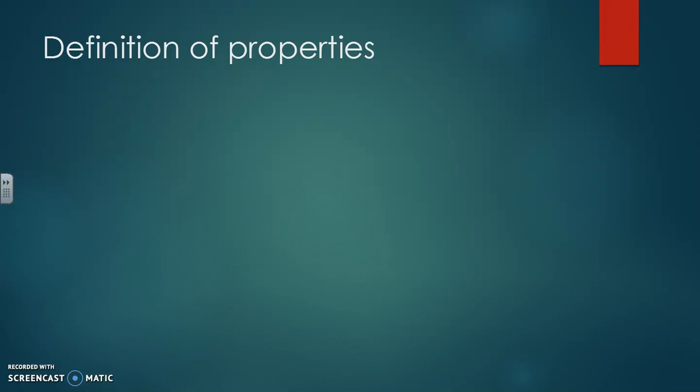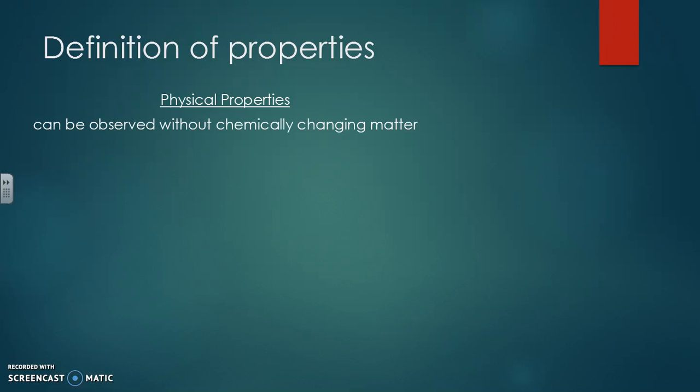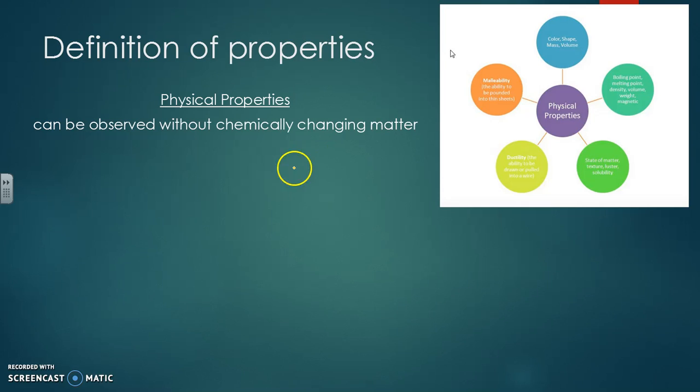All right, I'll review. Okay, so now let's get into properties of substances. You can have physical properties of a substance and you can have chemical properties of a substance. Physical properties are things that you can observe without changing it. For example, if you say the background is green, that's a physical property of this PowerPoint.